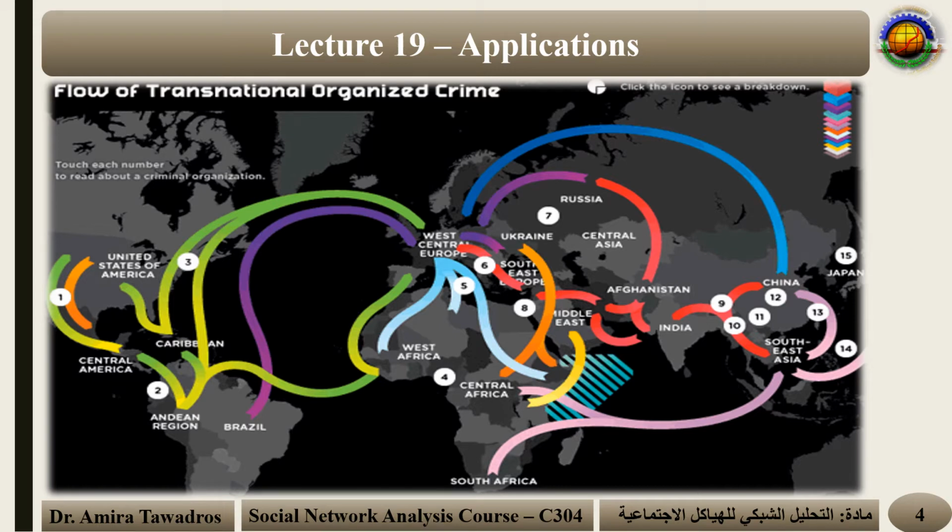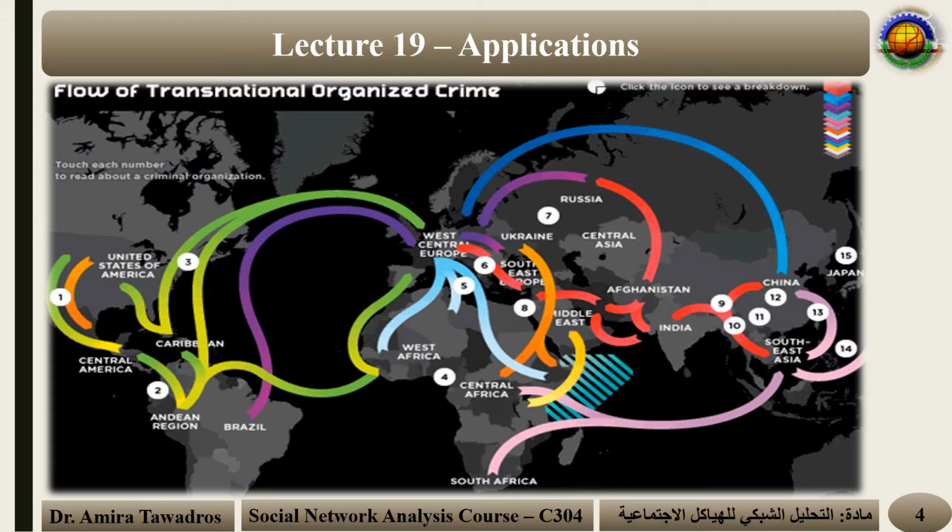They use all these tools because with them you can build your network, and using what you have studied in the previous 18 lectures, you can answer these questions, and so help the decision maker who is dealing with these kinds of dark networks and organized transnational crime.